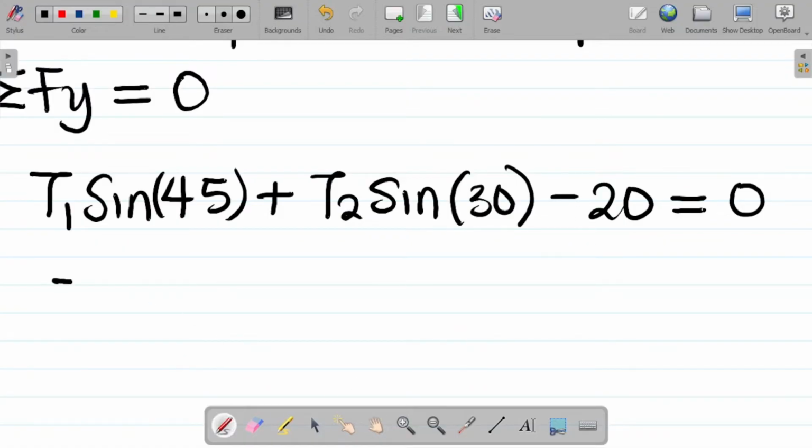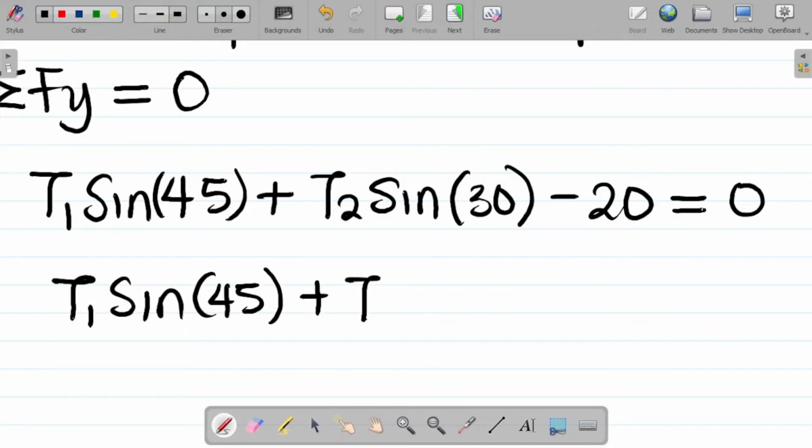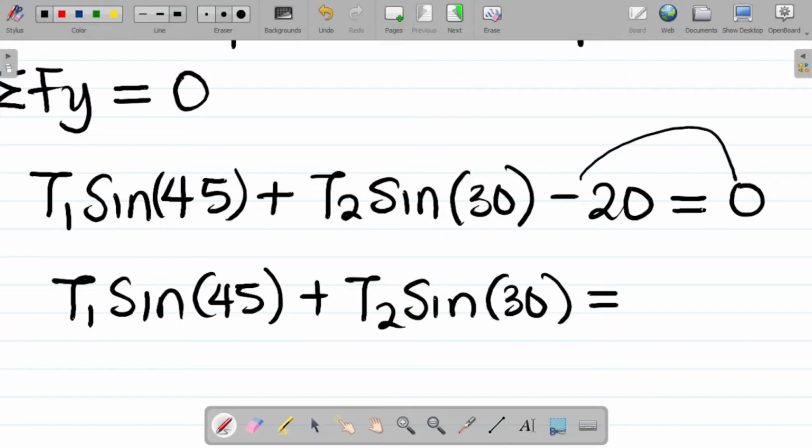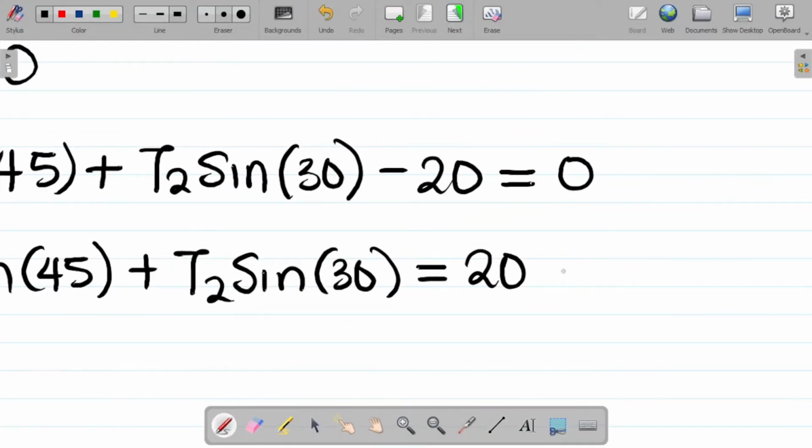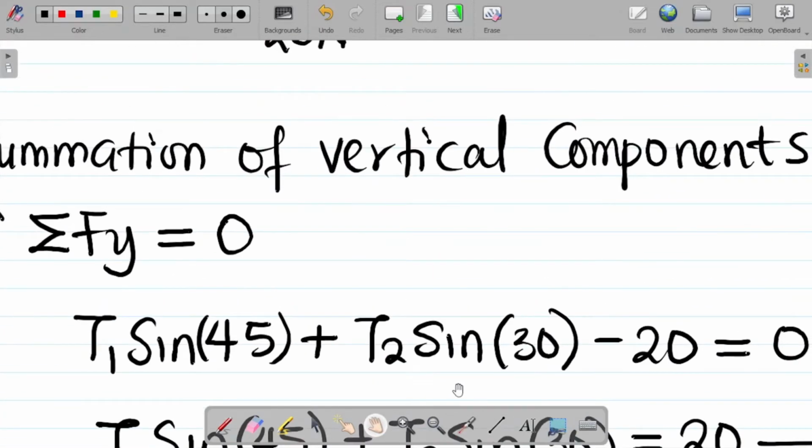So we have T1 sine 45 plus T2 sine 30 equal to 20. The 20 crosses the equality sign and becomes positive 20. This is my first equation, equation 1, for the vertical components.